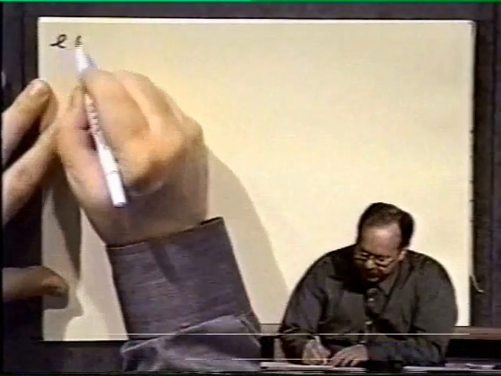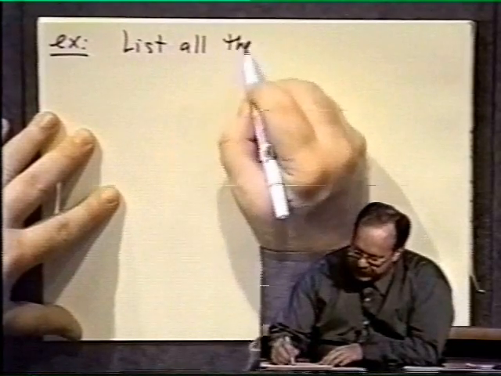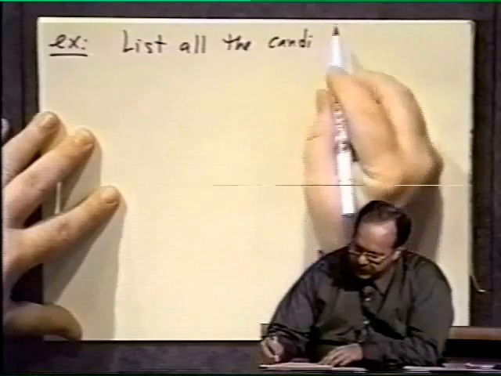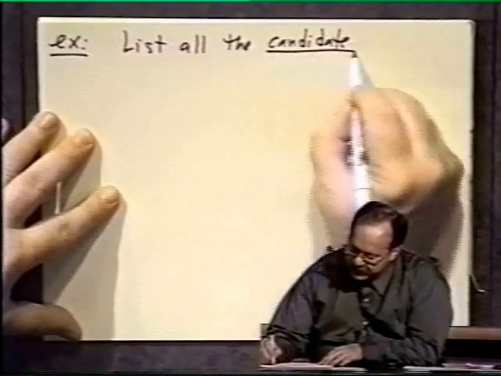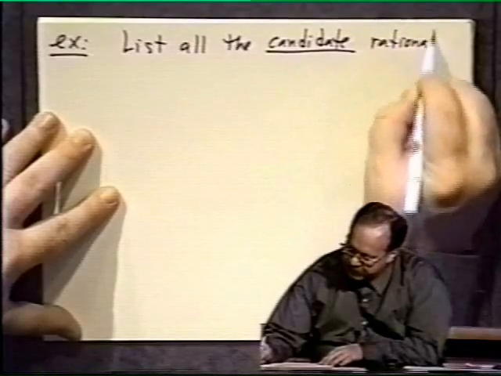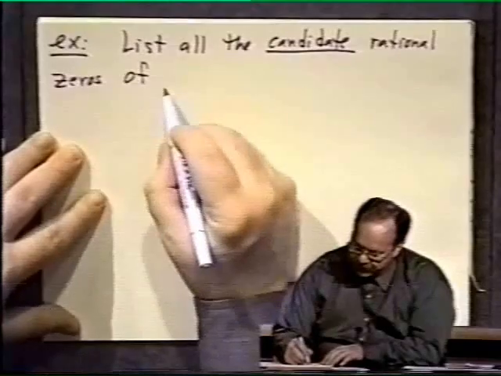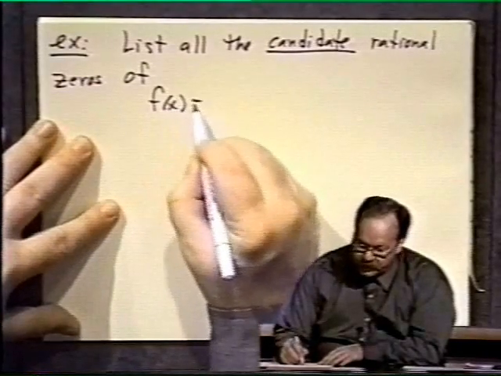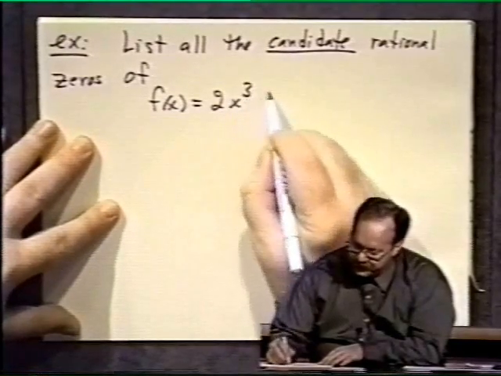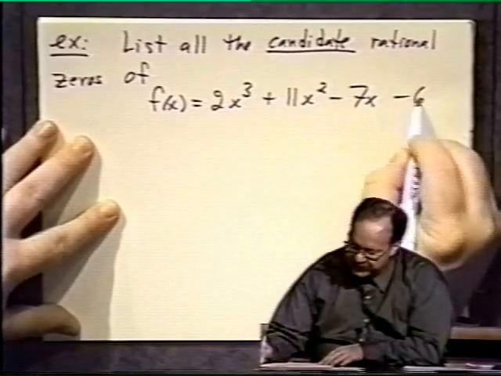So here's my example. List all the candidate rational zeros, you can call them proposed zeros or possible zeros, of the following: f of x equals 2x cubed plus 11x squared minus 7x minus 6.